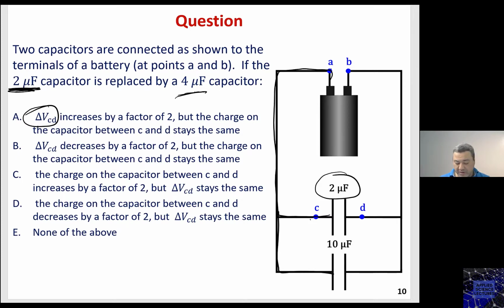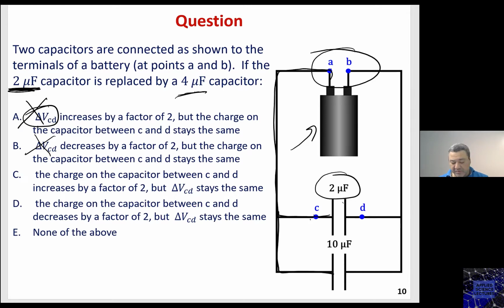Of course, the potential difference is not going to increase. The potential difference is defined by this battery, so this one is wrong. Option B, the potential difference CD decreases by a factor of 2. Again, this is wrong. The potential difference is not going to decrease. It is defined by the battery that is connected directly.